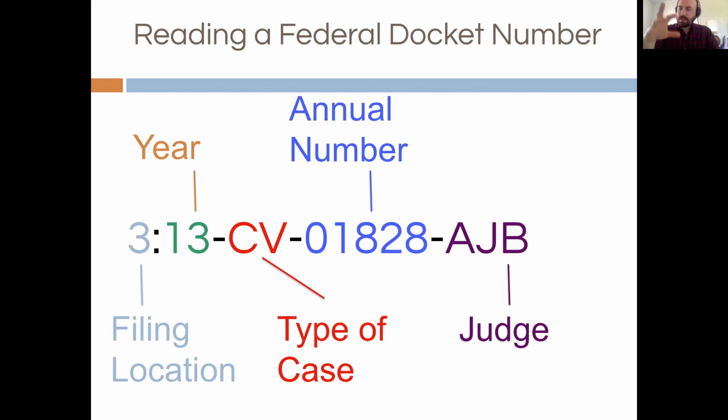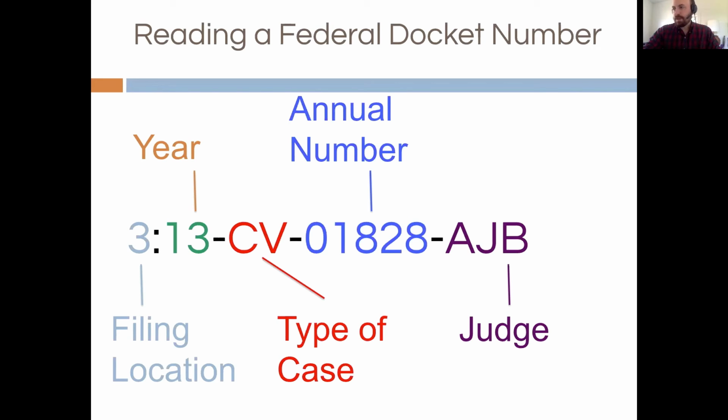That is not an essential piece of information, but this is from the District of Oregon, and it's telling us that this case was filed in Portland. The other courthouses will have different associated codes for the filing location. And so that's just a thing to be aware of. That's what comes before the colon.